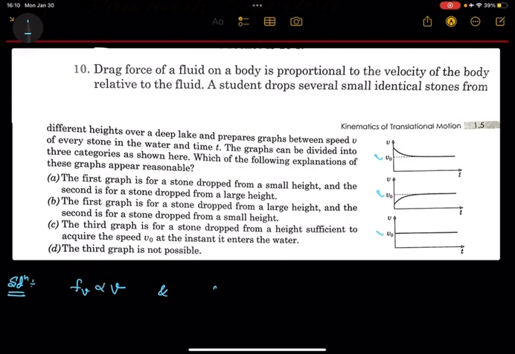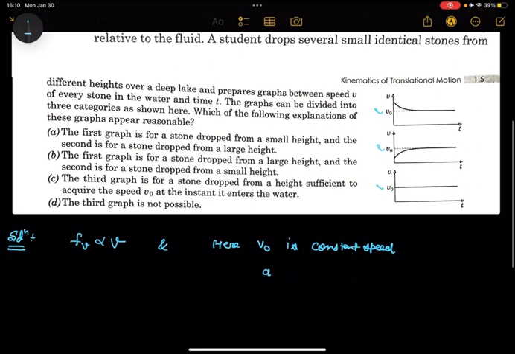If v naught is the constant speed, at this instant the acceleration of the body is zero, which means the drag force is equal to the weight of the body. So we can write k v naught equal to mg. Let us assume k is a constant.